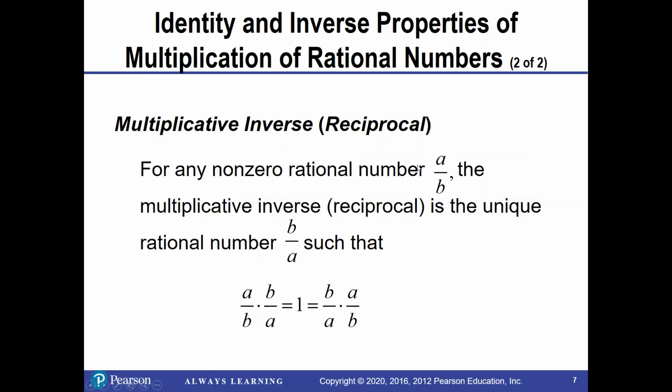If I have a rational number a over b, its reciprocal is b over a. It's the flip, not the opposite, but the flip. If we multiply reciprocals, a over b times b over a, we'll always get 1, because we multiply the tops and bottoms to get ab over ba, which reduces to 1.